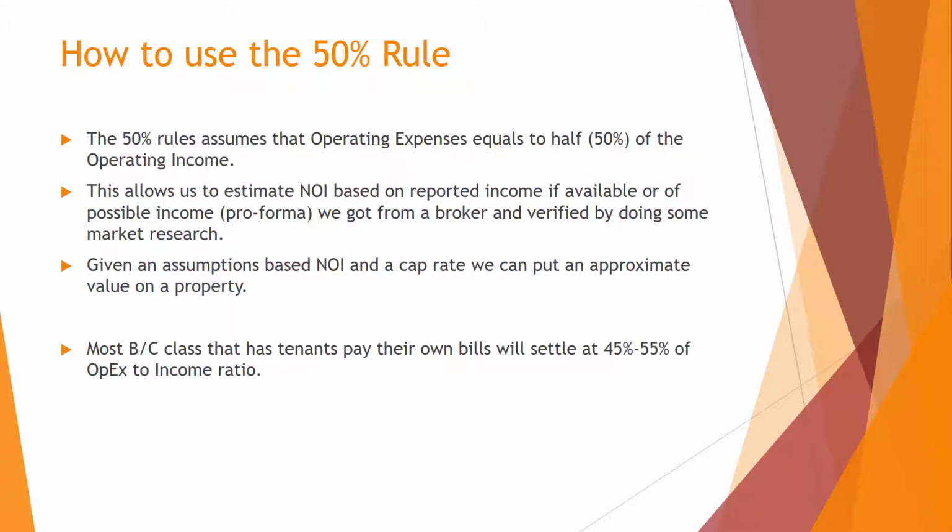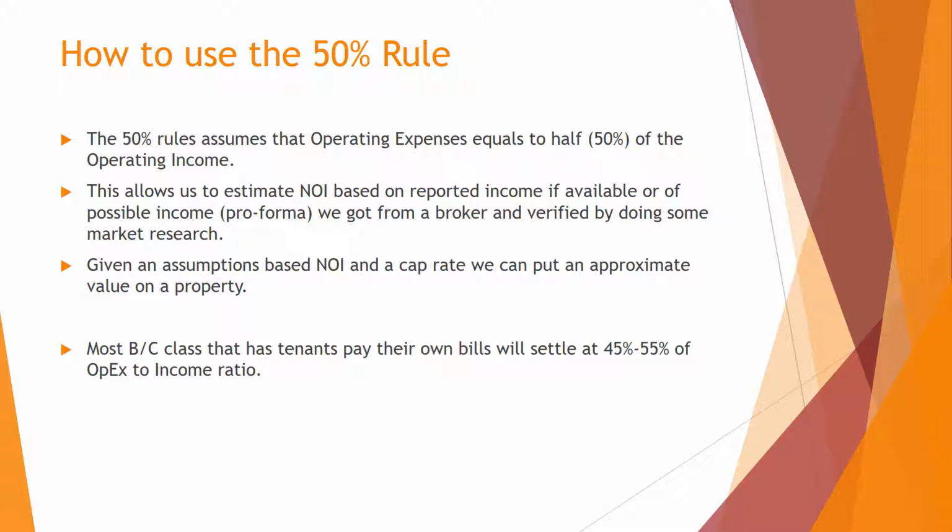So how do we use the 50% rule? The 50% rule basically assumes that the operating expenses are going to be equal to 50%, or half, of the operating income. This really allows us to estimate the NOI, the net operating income, based on whatever we have. If the broker gave us a pro forma or potential rent income, or if we do market research and we know that the rents in the area are $600 a unit and there's 10 units, right?